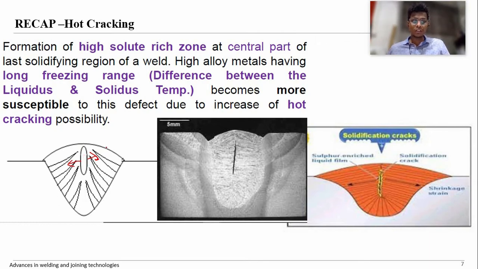Once construction of these regions starts, there will be transfer resistance, and because of that there will be cracking. Sometimes, if the difference between the liquid and solid is more, then this kind of scenario will be more likely. Also, some kinds of impurities give rise to hot cracking.